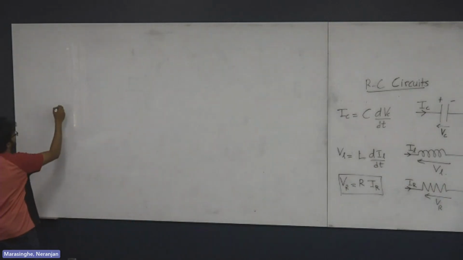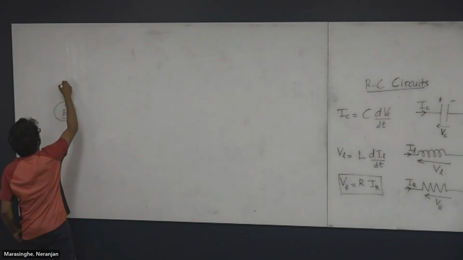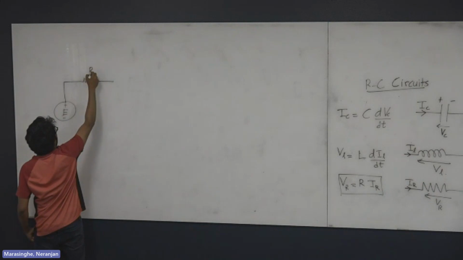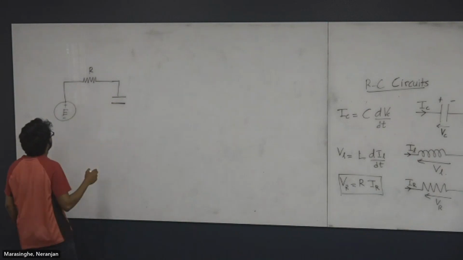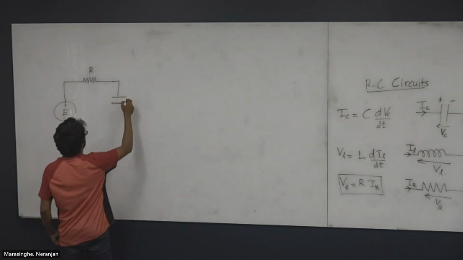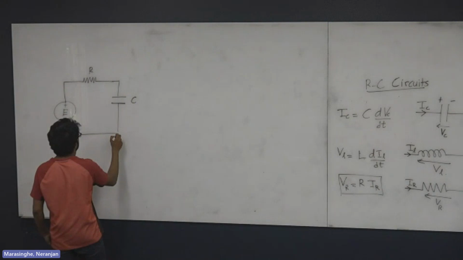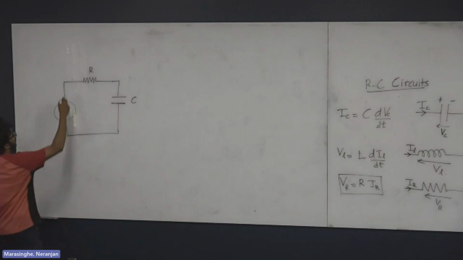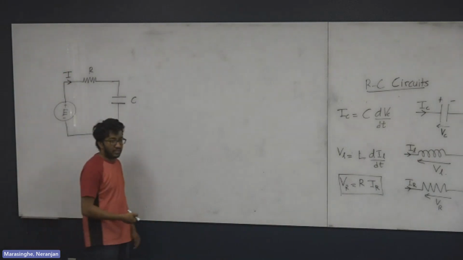Suppose here is a voltage source. This is the voltage source E. Resistance is R, and you have a capacitor with capacitance C. This is the positive direction of this voltage source, so I would mark the current in this direction. Actually, you can mark the current in any way.